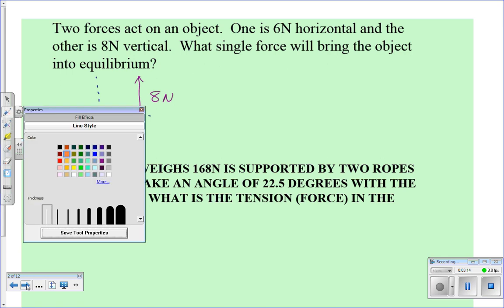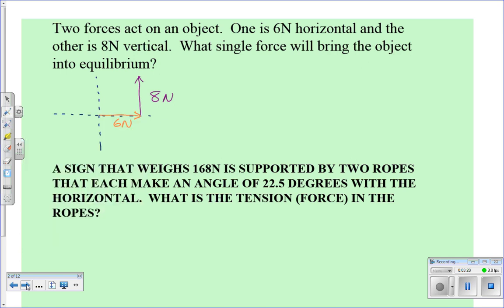Now the resultant force would be right here at this angle. So the equilibrant force is going to be equal in magnitude but opposite in direction to that resultant. Call that FEQ.